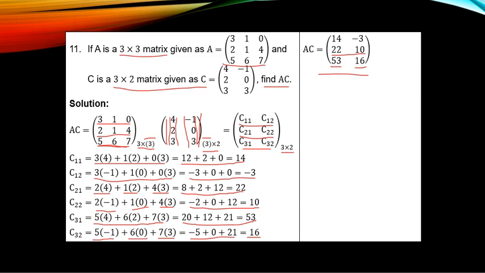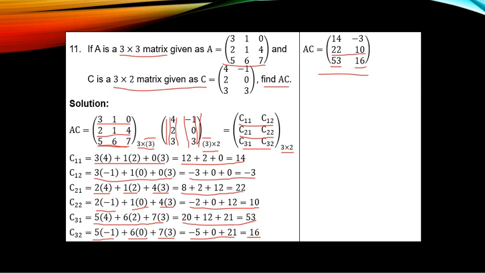So this is the result of multiplying matrix A, that is 3 by 3, by matrix C, that is 3 by 2, and the result is a 3 by 2 matrix.